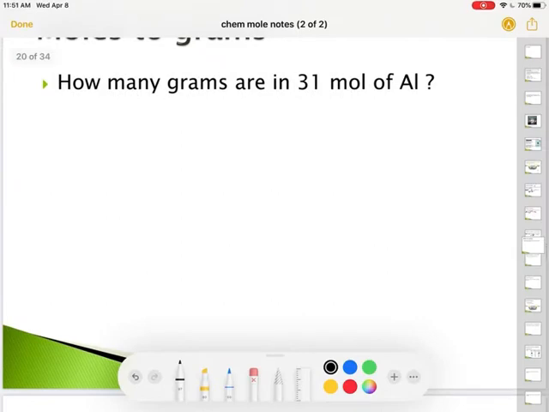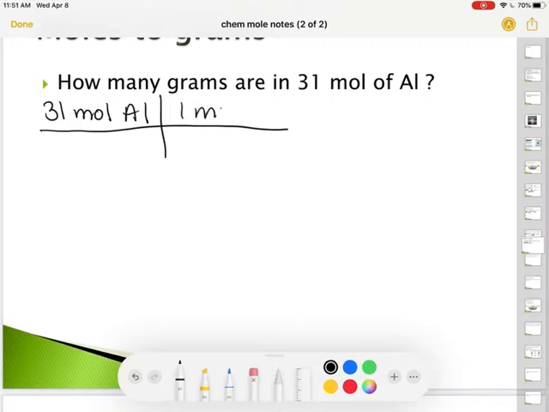Moles to grams, same kind of thing. 1 mole of something is equal to its molar mass. So if I have 31 moles of aluminum, and I know that in 1 mole of aluminum, according to my periodic table, oh, I'm sorry, I put that in the wrong spot. In 1 mole of aluminum, there are 26.982 grams of aluminum.